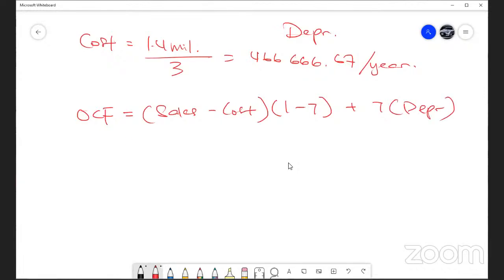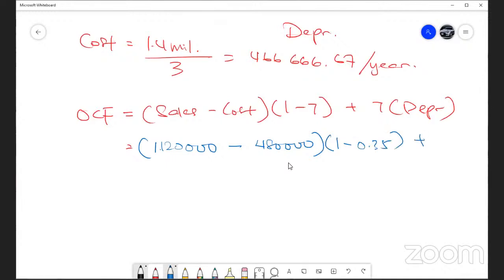So they tell you it can generate sales of $1.12 million. Just fill in: 1,120,000, and it costs them $480,000. Tax is 1 minus 0.35, so it's 0.65, plus tax 0.35 times depreciation of 466,666.67.